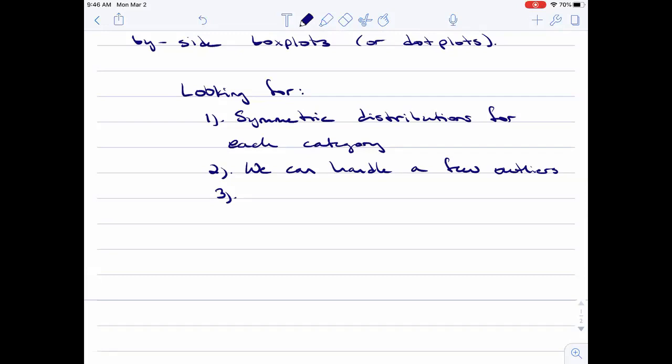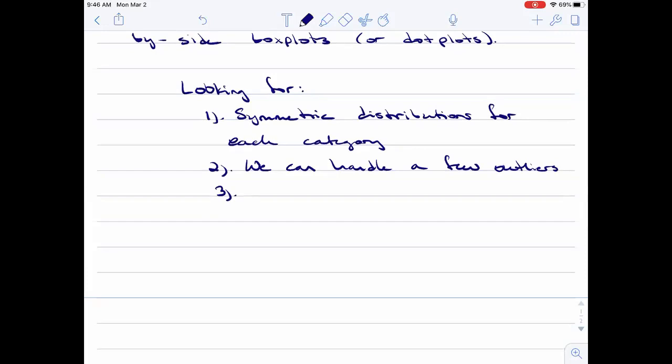It depends on how desperate you are to analyze it. So for the outliers, we can handle a few. We would argue, okay, there's a few outliers here, I'm recognizing that, but I'm still going to go ahead and do my analyses. So yeah, can handle a few. Manuel's favorite thing, a few.